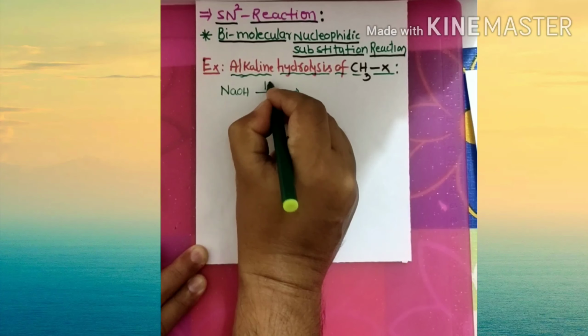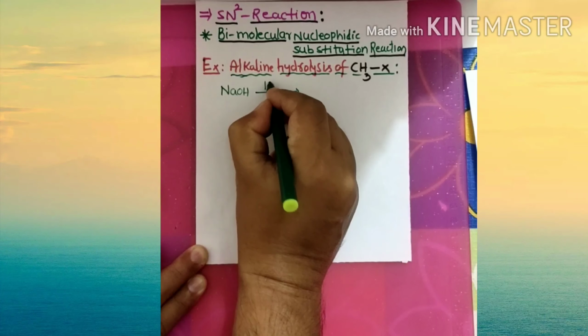This methyl bromide is subjected to alkaline hydrolysis, and it will be attacked by OH minus. It is negative and then it is positive.